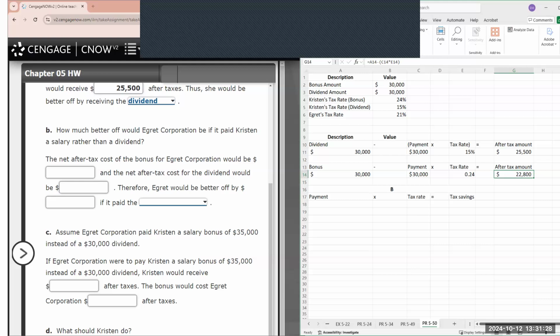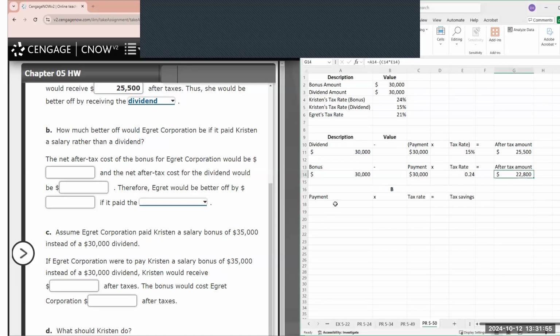So for B, it asks, how much better off would Egret Corporation be if it paid Kirsten a salary versus a dividend? So the net after-tax cost of the bonus for Egret Corporation would be as follows. If Egret Corporation paid the $30,000 bonus, they'll be able to receive a deduction.